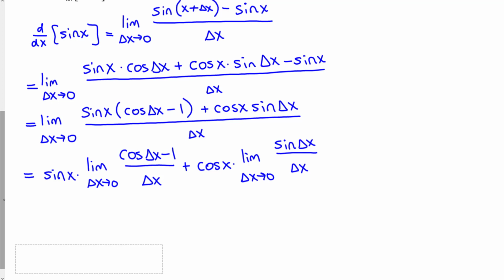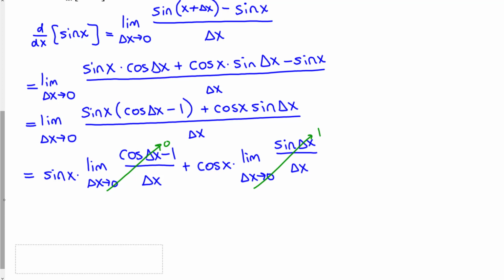Initially, plugging in delta x as 0, you get 0 over 0 for each one. But you can prove that this limit, the first one for instance, goes to 0. And the limit over here, this goes to 1.